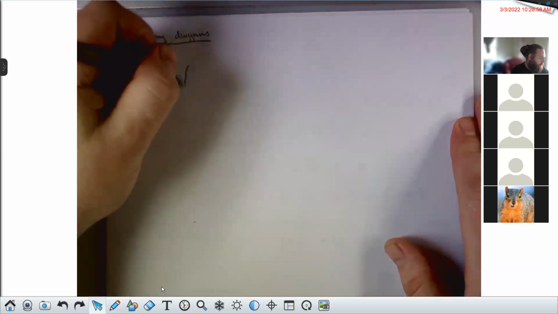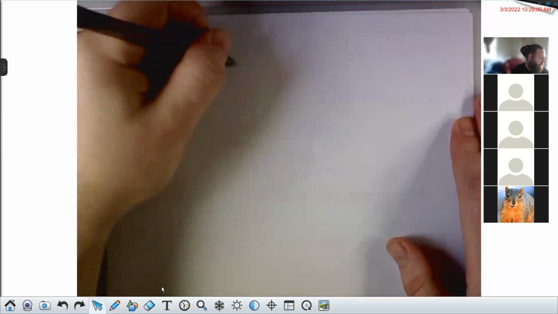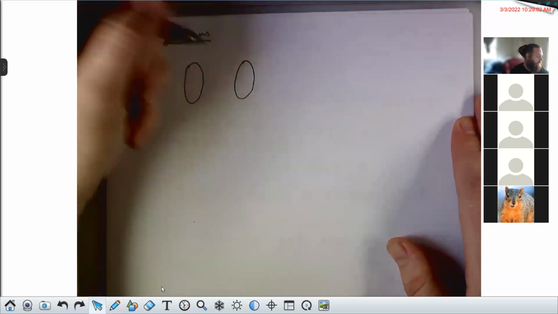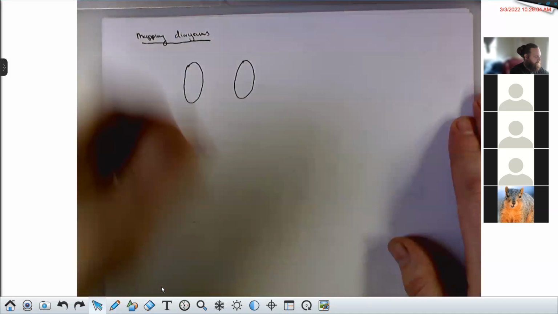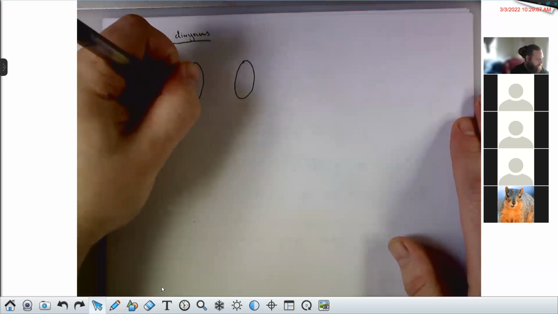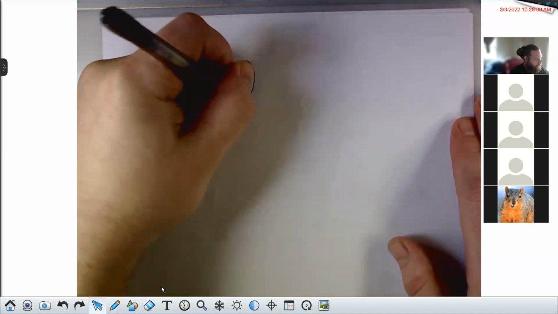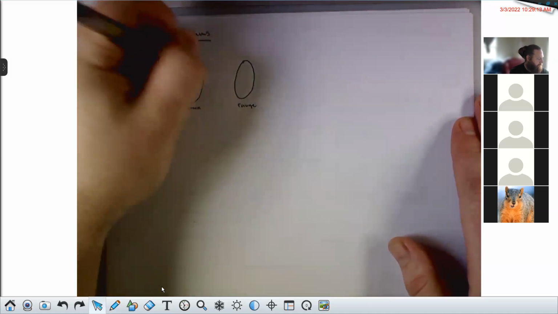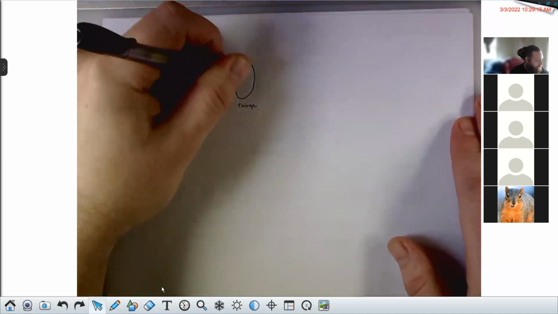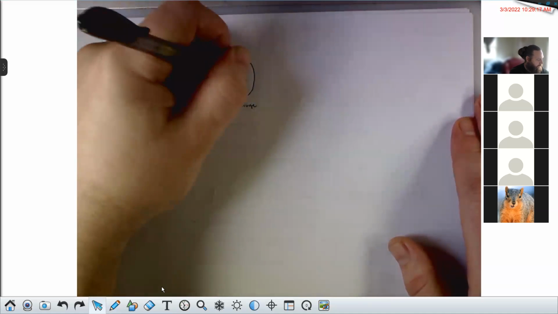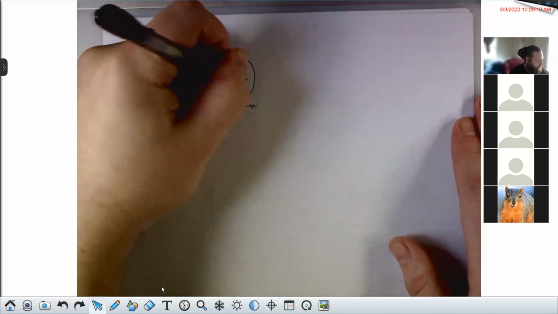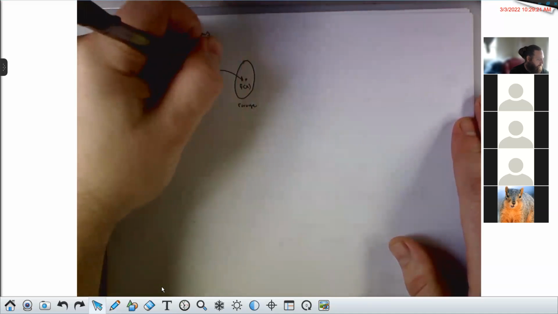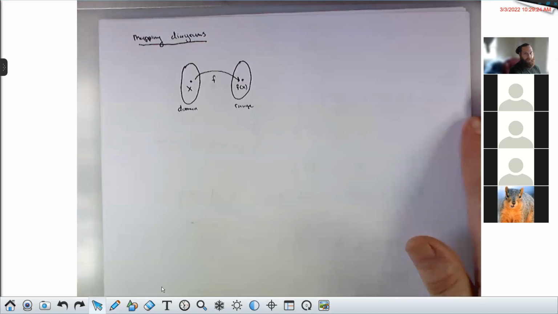So the mapping diagram for F on its own, we have two sets here. The set on the left is the domain of F. The set on the right is the range of F. And what F does is it maps elements from the domain into elements of the range. So F here is the arrow.